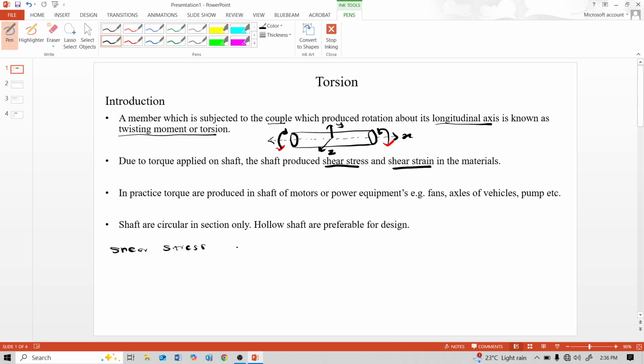That means, consider this as a body with parallel and opposite forces acting on the surface of the body. And second term is shear strain. Just for example purposes, I show this diagram.